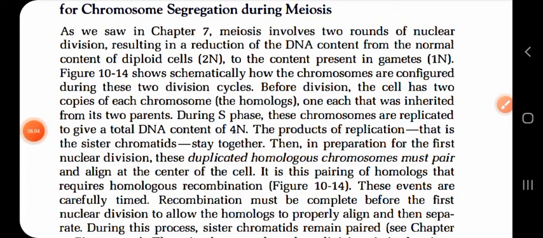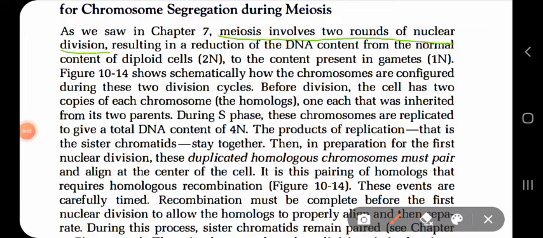Now we all know about the meiosis process, that during meiosis two rounds of nuclear division occur. The first division is the reduction of DNA content from the normal content of a diploid cell to the content present in the gametes. So it is a reductional division that normally occurs during meiosis. Before division, the cell has to copy each of the chromosomes inherited from its two parents.